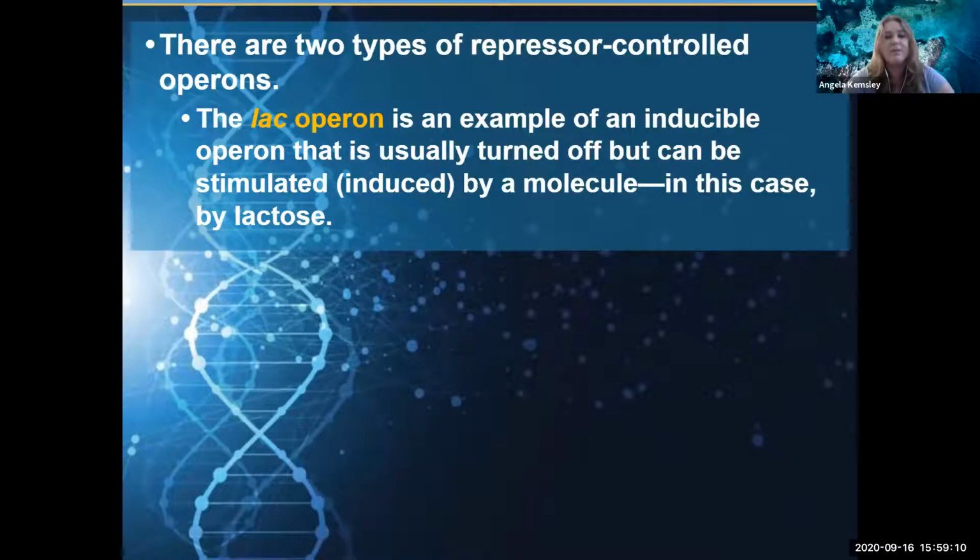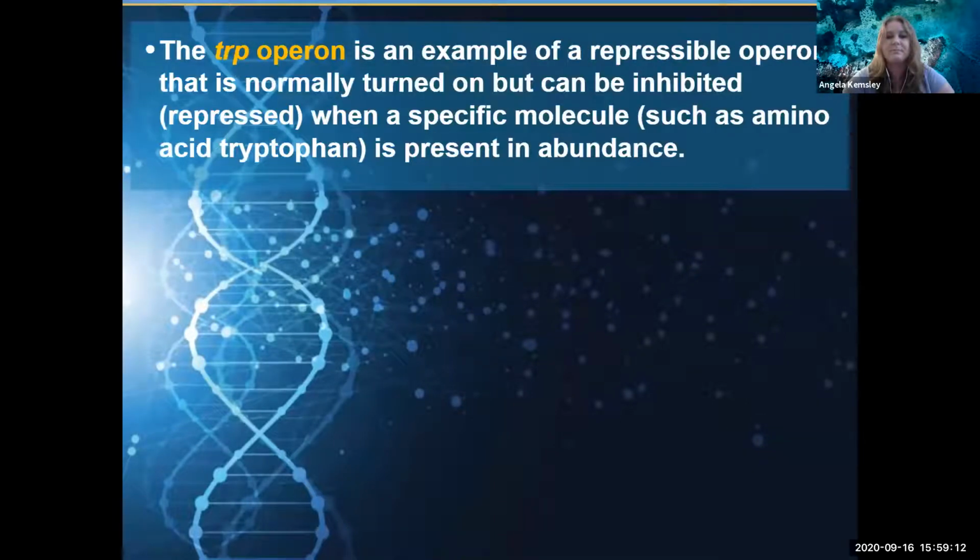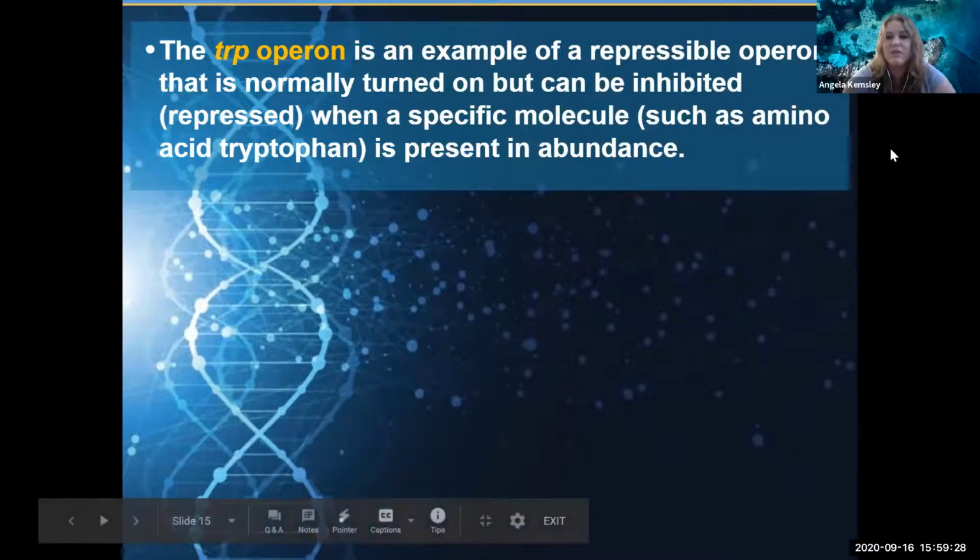The other type is what we call a repressible operon. An example of this is the trp operon. A repressible operon is normally turned on, but can be inhibited or repressed when a specific molecule, in the case of the trp operon, the amino acid tryptophan, is present in abundance.